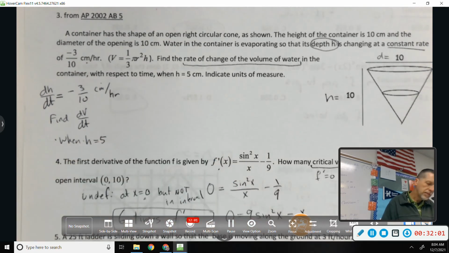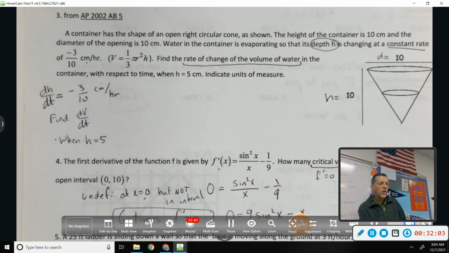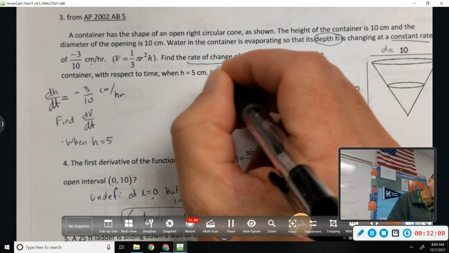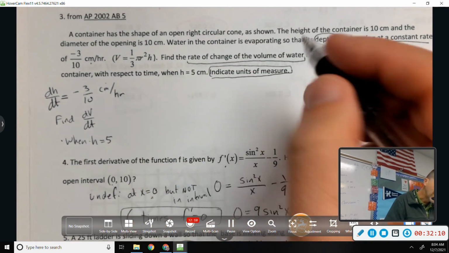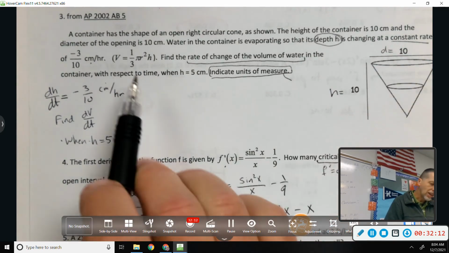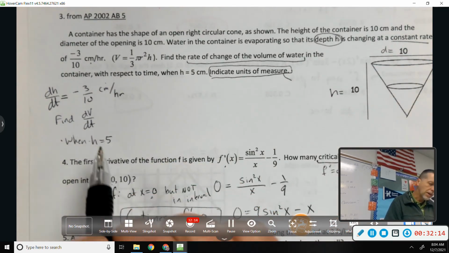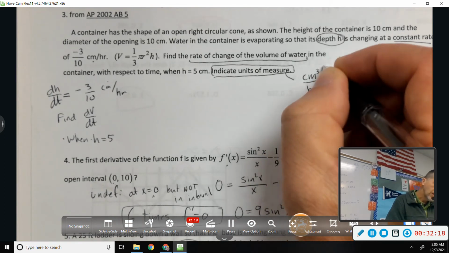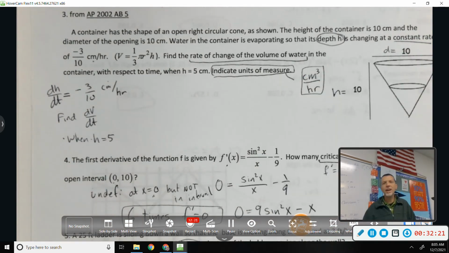Indicate units of measure. When it says indicate units of measure, that means there's a point attached to the unit already. Well, I can give you the units of measure already. Volume per time is going to be centimeters cubed per hour. So how about that? That just got me a point on this question without really doing anything.